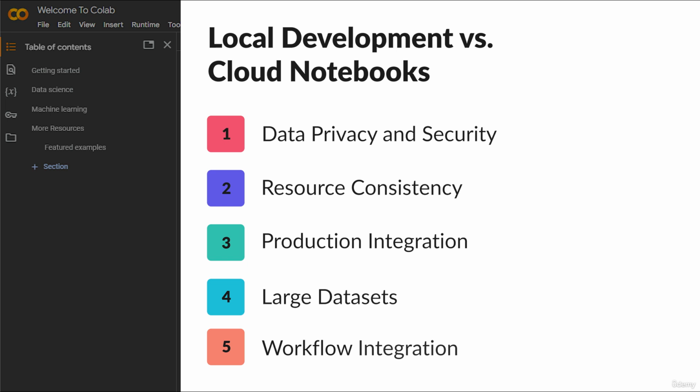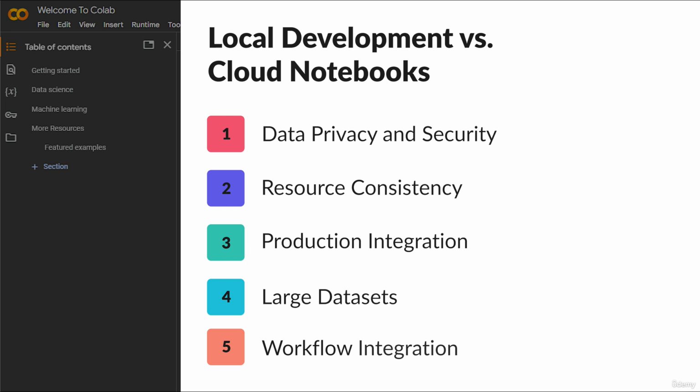Resource consistency. Cloud notebook resources can vary or time out, causing validation results to change or processes to terminate mid-run. Production integration. Local environments can mirror production setups more closely, creating a smoother path to deployment.